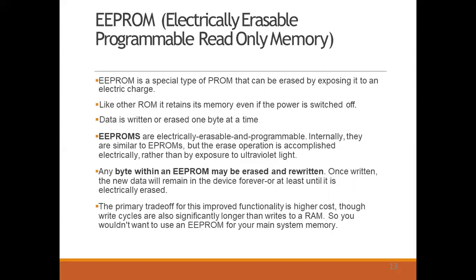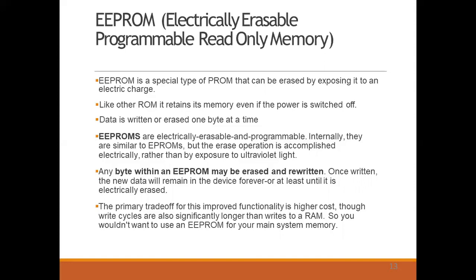A byte within an EEPROM may be erased and rewritten. Once written, the new data will remain in the device forever, or at least until it is electrically erased. Unless you erase it the electrical way, it will stay there forever. The primary trade-off for this improved functionality is higher cost, and the write cycles are also significantly longer than for RAM.